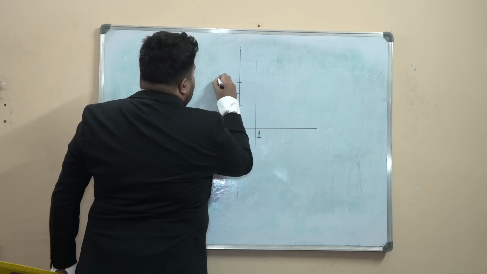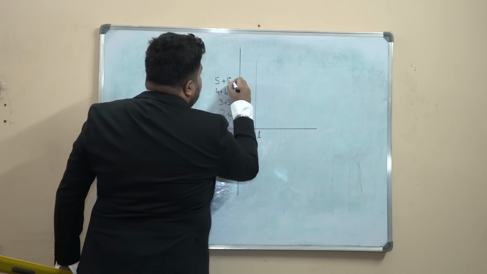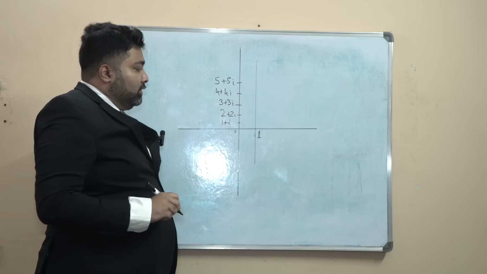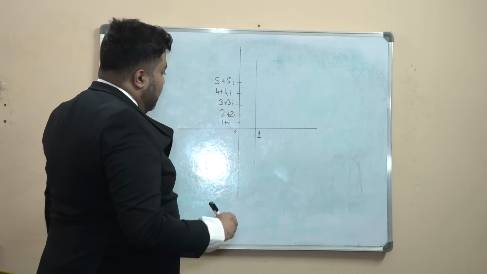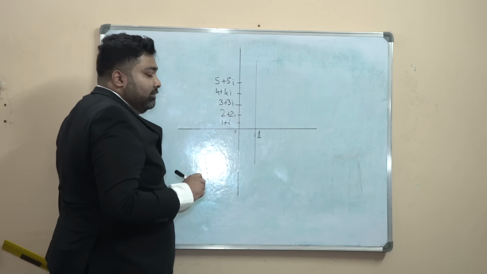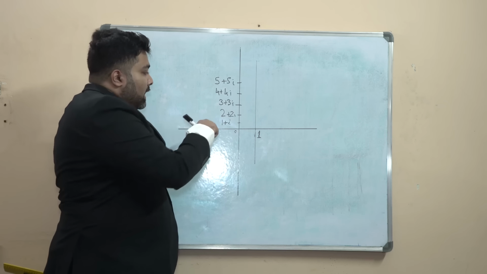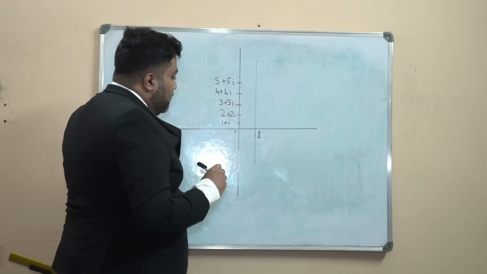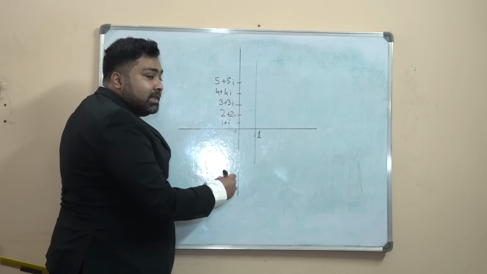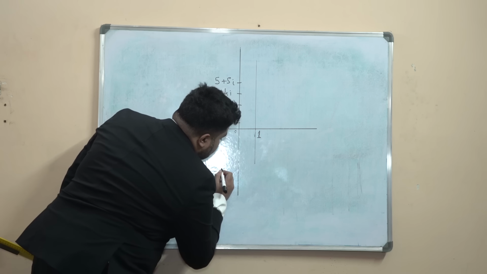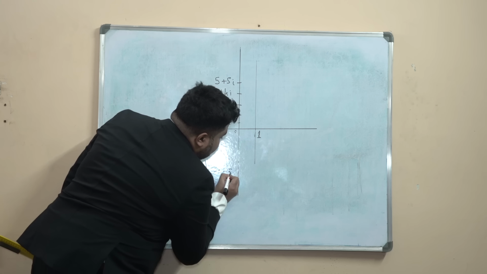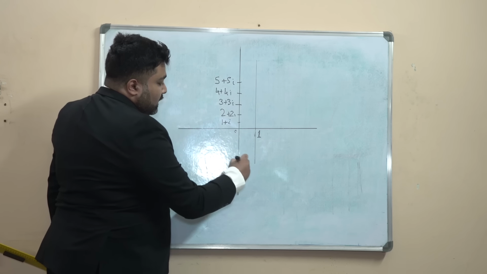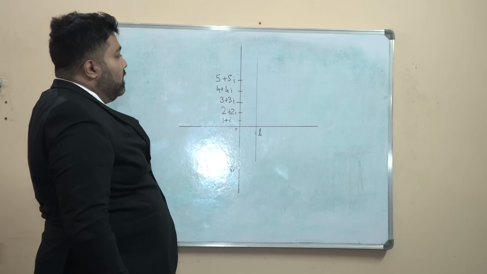And fifth will be 5 plus 5i. I'll also go below 0 and mark the negative axis with minus 5 minus 5i. Here we have 1, 2, 3, 4 and 5.